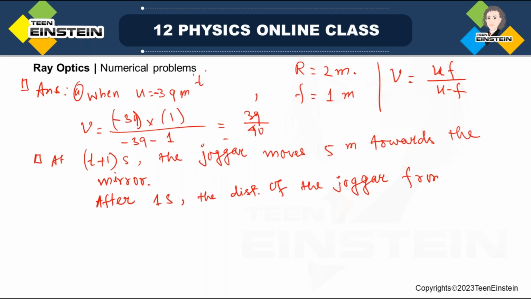How much is that? That will be minus 39, and he is going towards the mirror, so plus 5 meter, right? So it will be 34 meter.